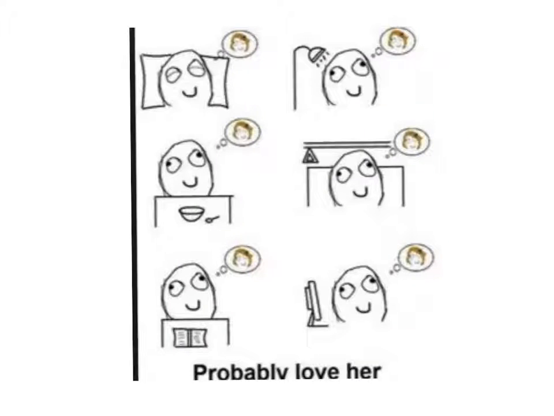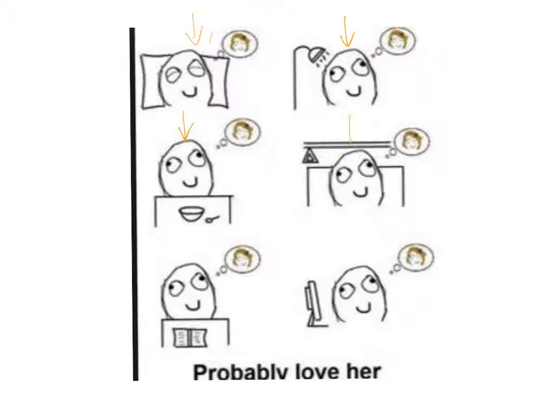Okay? So here are some funny cartoons about this. If you look at this guy, obviously he is daydreaming about a girl here on top. Then at night, he's still thinking about this girl. When he's eating, he's thinking about the girl.